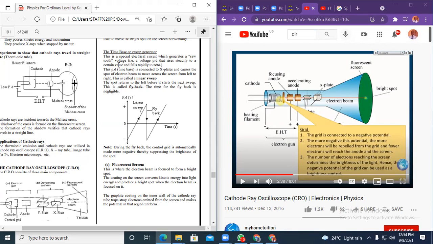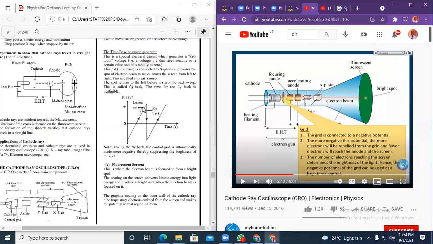which rises to a certain value and falls rapidly to zero. This is what we call saw, a sawtooth voltage. So a time base is an electrical circuit which generates this kind of voltage.